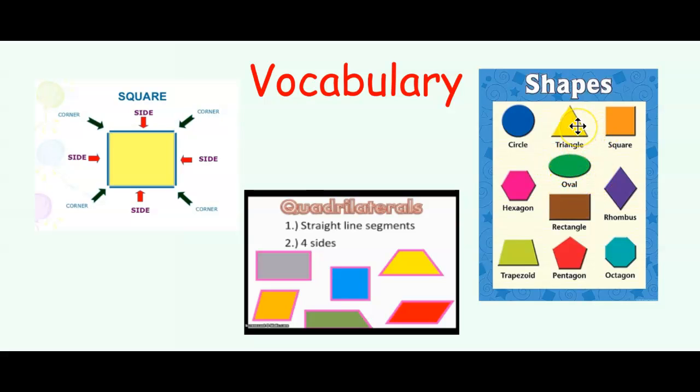We've talked about shapes that have more or less than 4 sides and 4 angles, like the triangle with 3 sides and 3 angles, the hexagon with 6 sides and 6 angles, the pentagon with 5 sides and 5 angles, and the octagon with 8 sides and 8 angles. We've also talked about the square, rhombus, rectangle, and trapezoid having 4 sides and 4 angles. So they also have another name, and that name is quadrilateral.